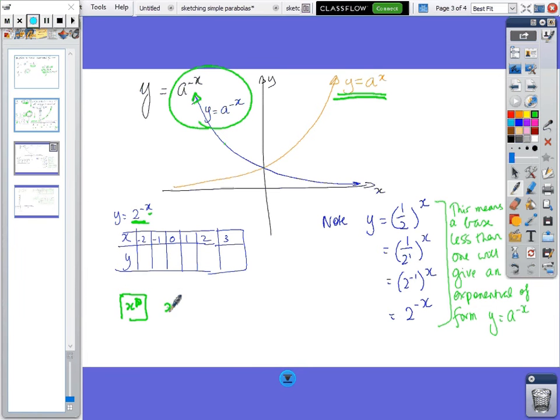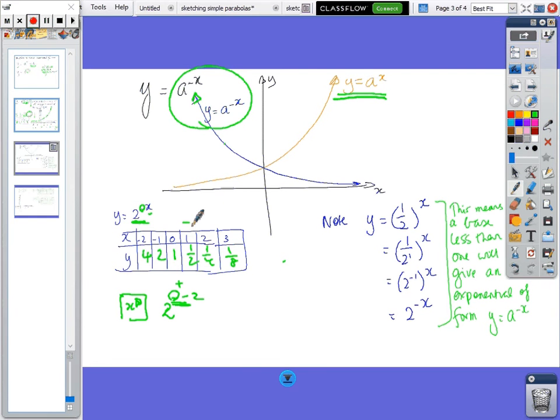So if you go 2 to the power of minus, okay, that minus sign is that minus sign, and then you stick a minus 2. Well, 2 minuses make a plus, so 2 to the 2 is 4. So instead of the values being big on the right-hand side, they're big on the left-hand side. And so you end up with the shape going this way. So the values are the same, but they're in the opposite position, so to speak.